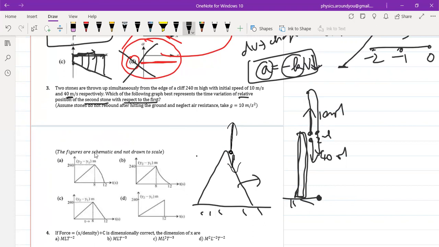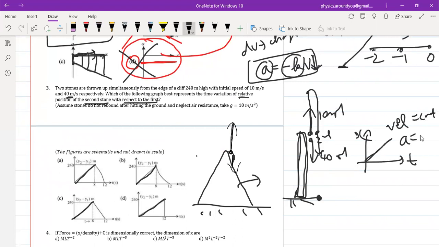You see, in options A, B, C, D, till 8 seconds, all the graphs represent straight lines. The concept here is the xt graph: the slope of the xt graph gives you velocity. And if the xt graph is a straight line, I would say velocity is constant because the slope of a straight line is constant and therefore acceleration is zero.